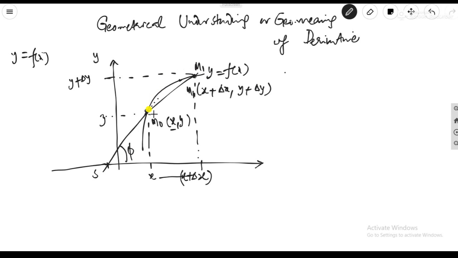Now when you draw a line connecting m0 and m1, and extend it up to the x-axis, this meets at point S. This line is called a secant line, because it is connecting m0 and m1 on a curve.